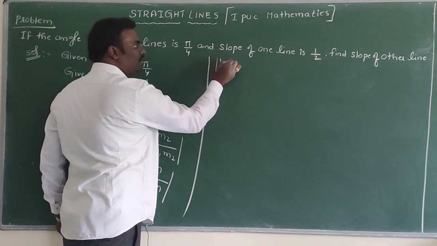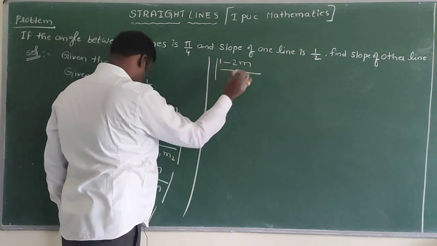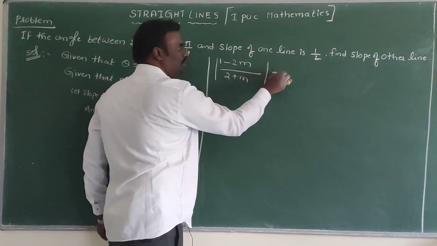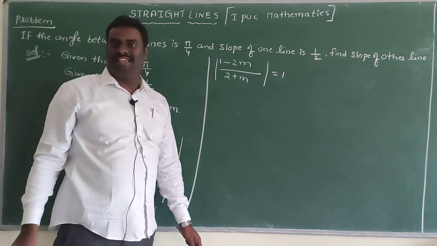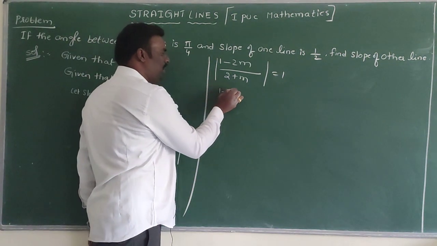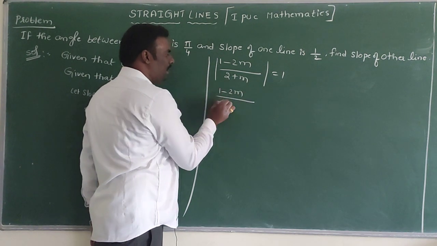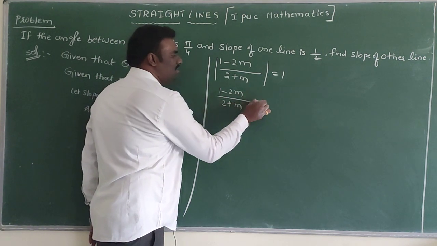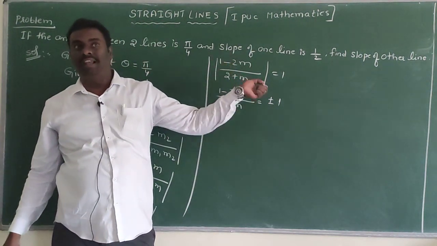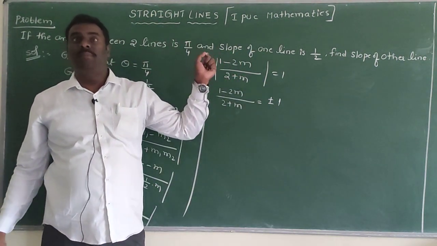Modulus of 1 minus 2m by 2 plus m is equal to 1. If you remove the modulus, plus or minus will come. That's why 1 minus 2m by 2 plus m is equal to plus or minus 1.